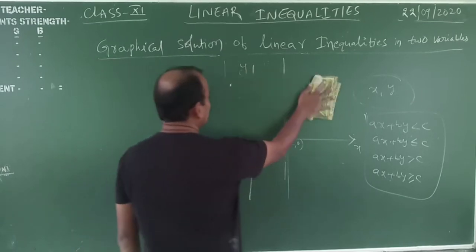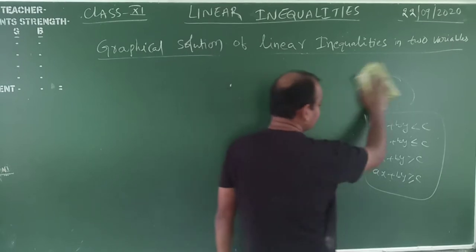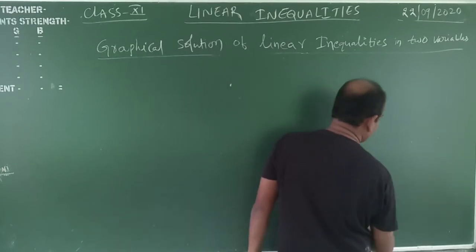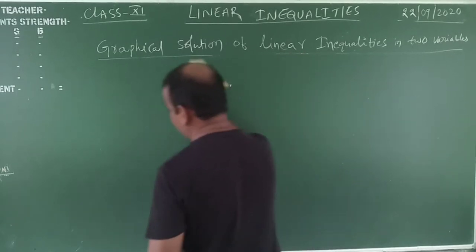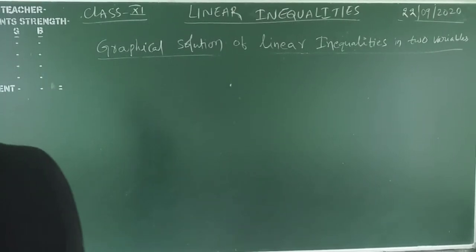Before that, for clarity, I will explain one problem very carefully. After that, we will do the remaining problems. Listen carefully, my dear students. Now we will take one problem.